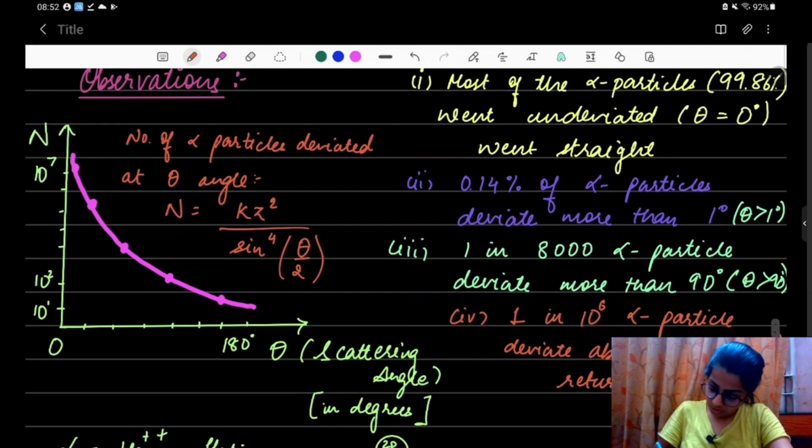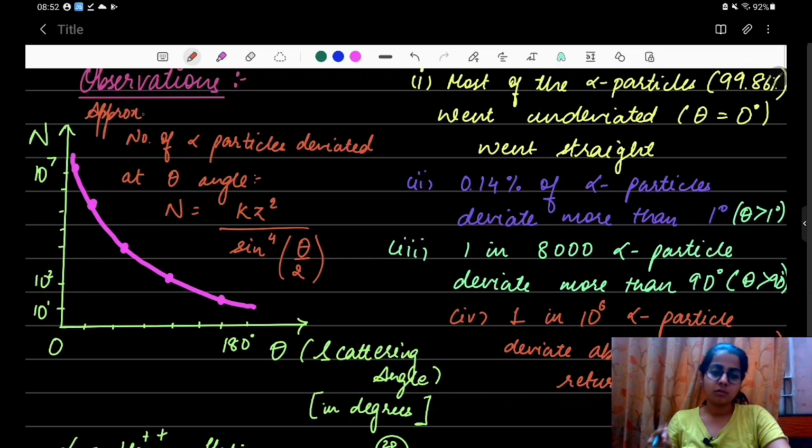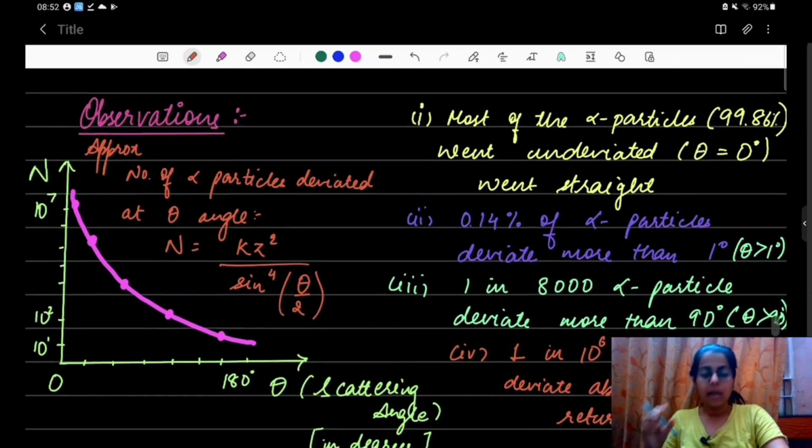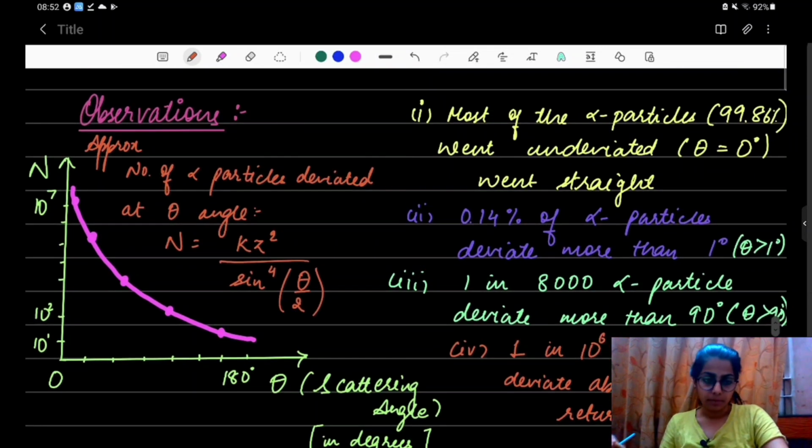So this graph is an approximate graph, the line of which is traced by n is equal to kz square upon sine theta by 2 raised to 4. With the help of this equation, this line is made. So at a given angle theta, what number of alpha particles are deviated can be understood from this equation.